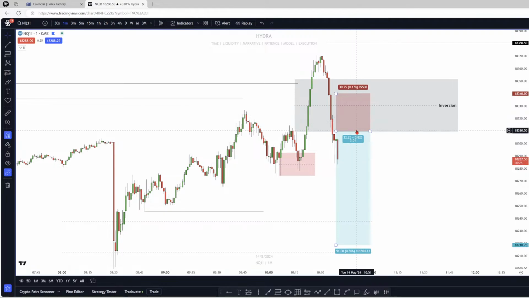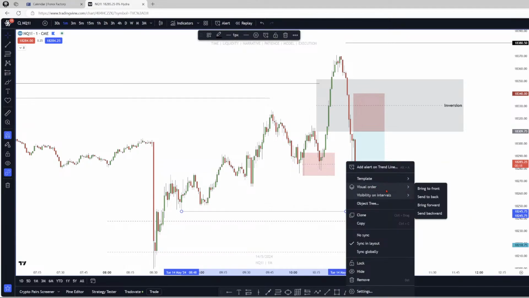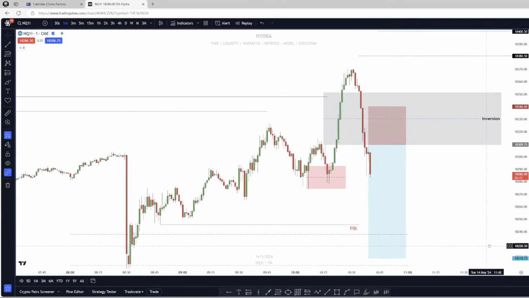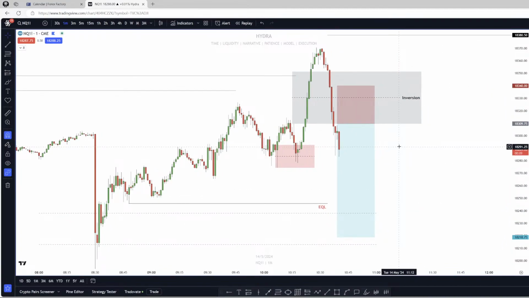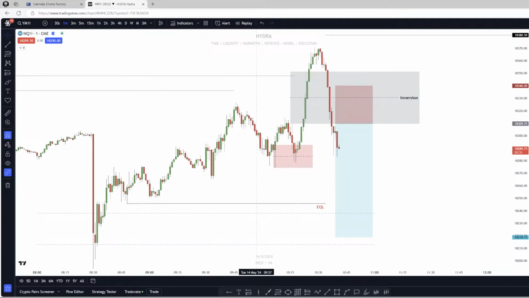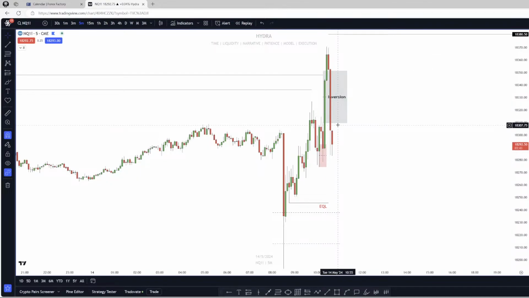Any retracement up here is an entry, and we don't have that. Below this inversion, any retest inside this inversion would be nice.